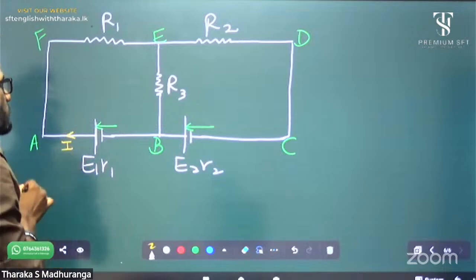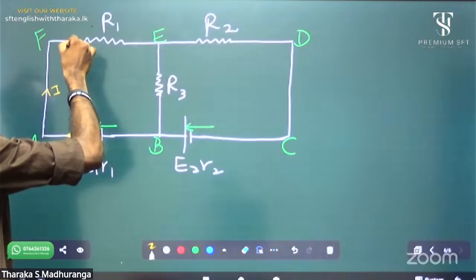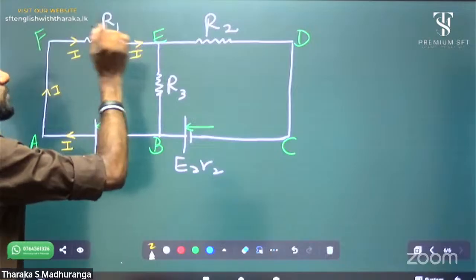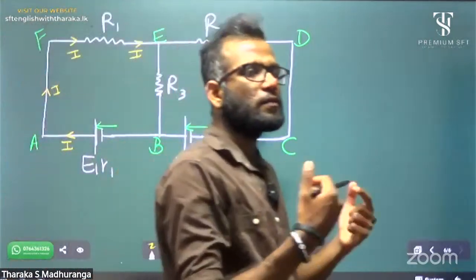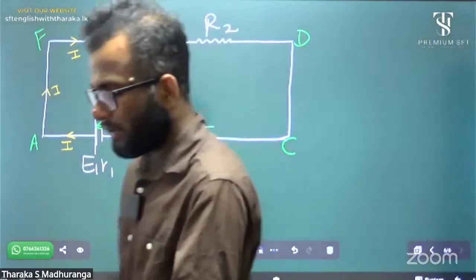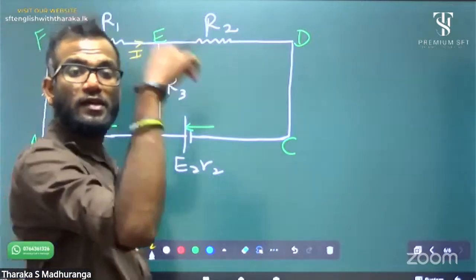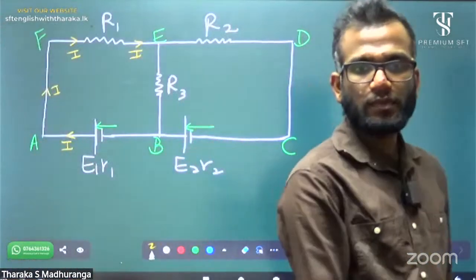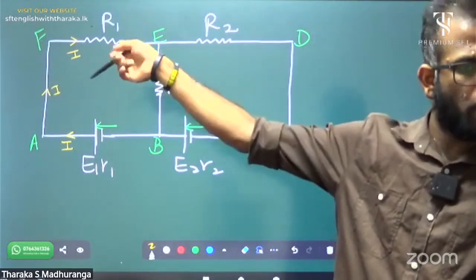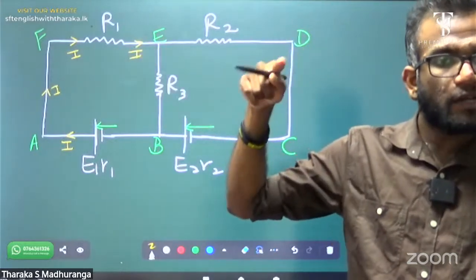It is I. Now there is a problem. The current meets a junction. E is a junction, not a bend. F is a bend, it's no problem. But E is a junction. Then Kirchhoff's first law applies.